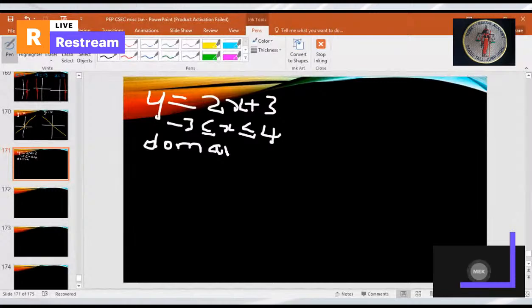To draw a straight line, you only need 2 or 3 points to connect and you get a straight line. So we're only going to use our endpoints. And usually we like to put 0 in the middle, happening at the origin.